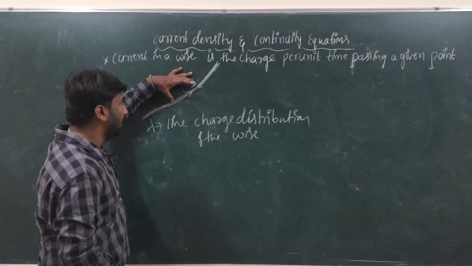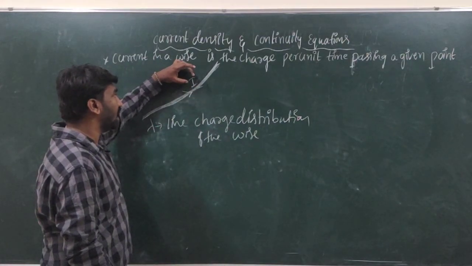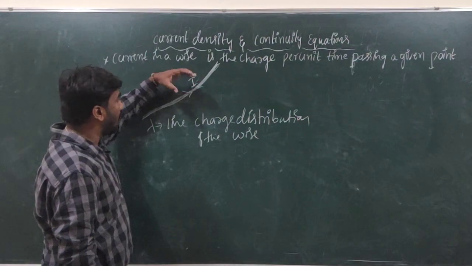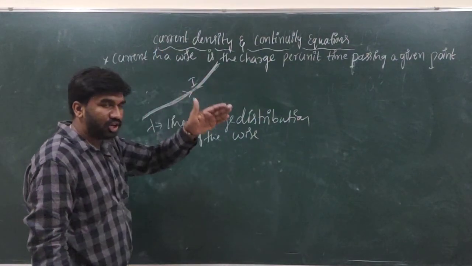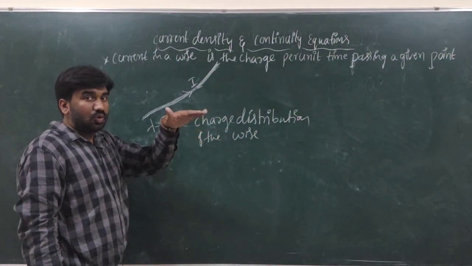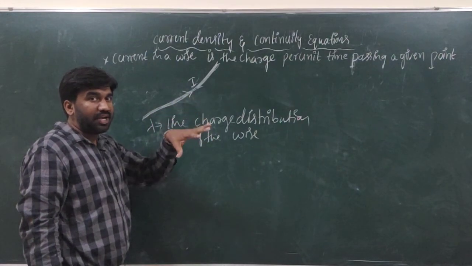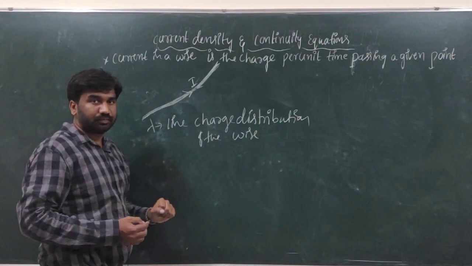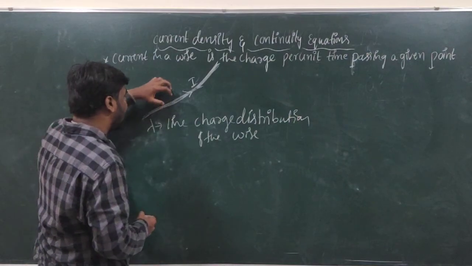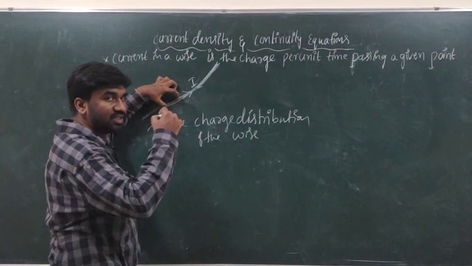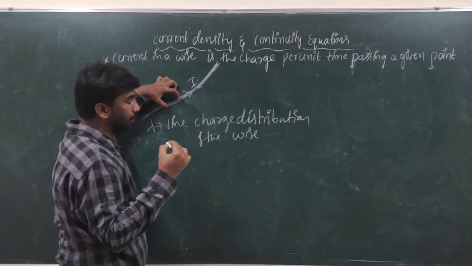Suppose this is my conductor, in which current I is moving. Now I place this conductor into an external magnetic field. What is the total magnetic force on this current? These currents are line charge distributions, that means charges are distributed linearly.